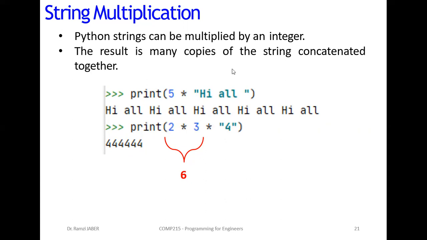So this is unique and new in Python. We cannot find this in C or C++ or Java. If we want to do it there, we have to use a for loop. We can do that in C or C++ or Java, but with a for loop or while loop. But here we can use it directly.